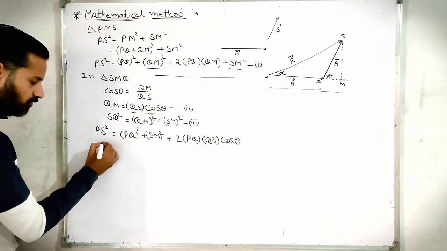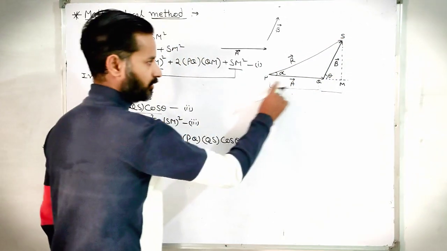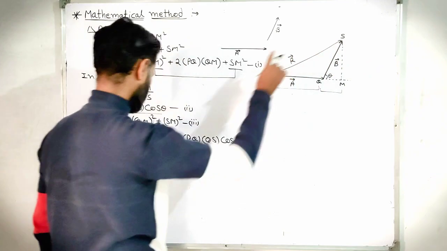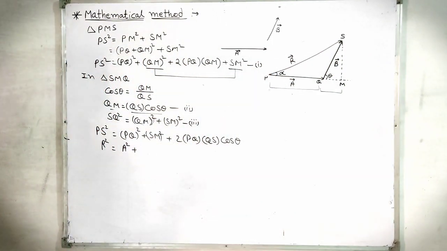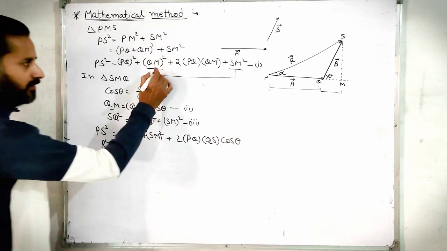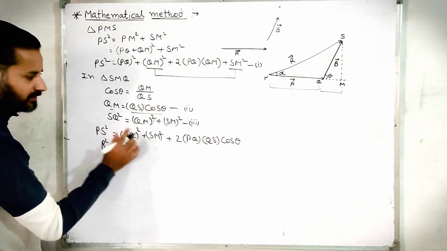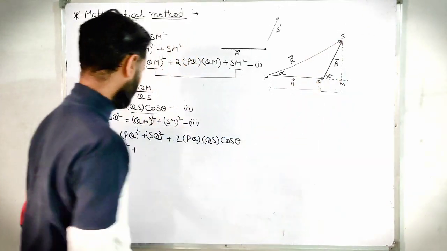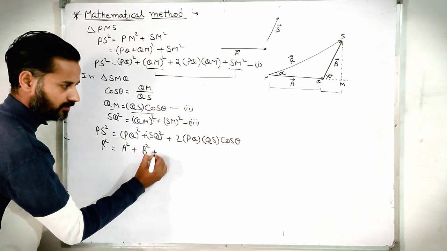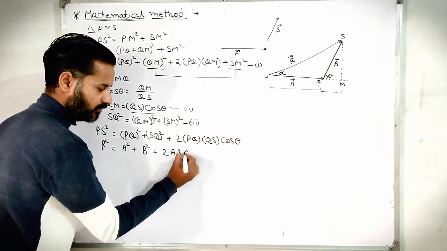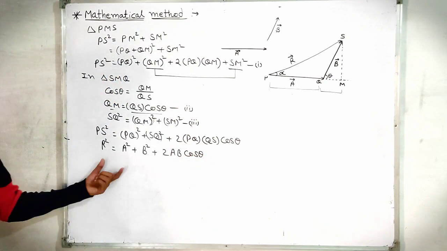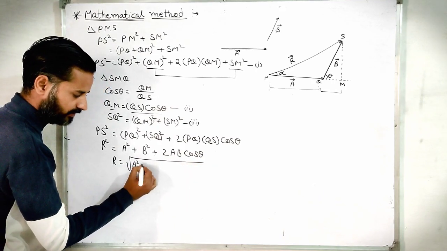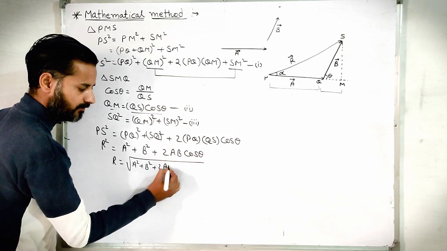Since PS is R, this will be R square, PQ will be the value of A square, and QM plus SM square is SQ square. SQ has the value of B, so this will be B square plus 2AB cos theta, and this is our resultant vector R equal to under root of A square plus B square plus 2AB cos theta.